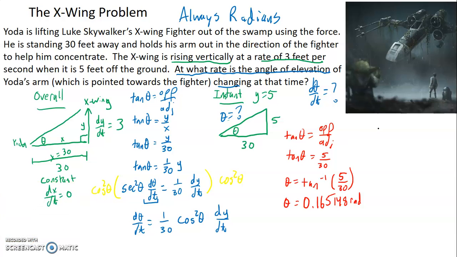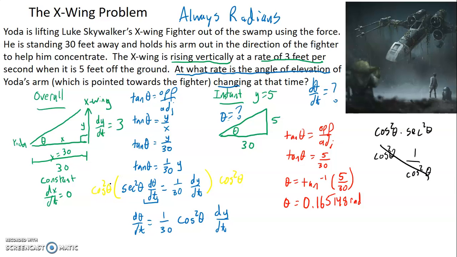So off on the side, if I do cosine squared theta times secant squared of theta, secant squared of theta is really 1 divided by cosine squared of theta. So cosine squared times secant squared is going to cancel out.